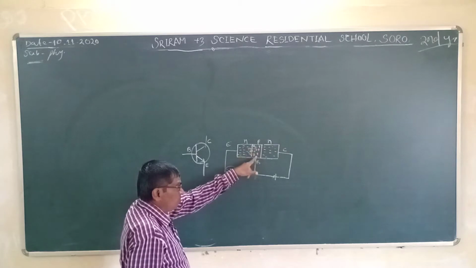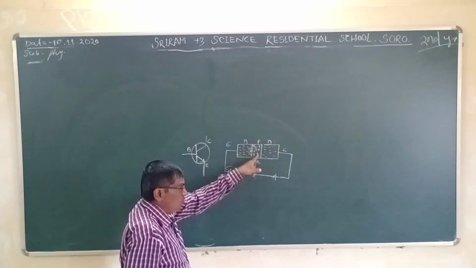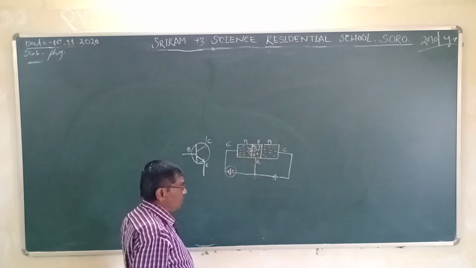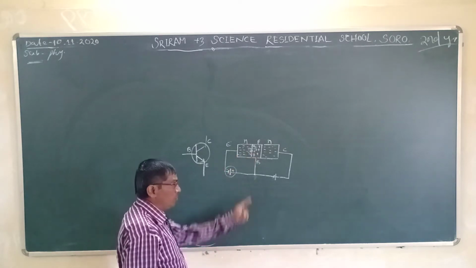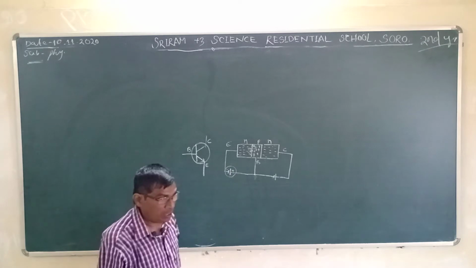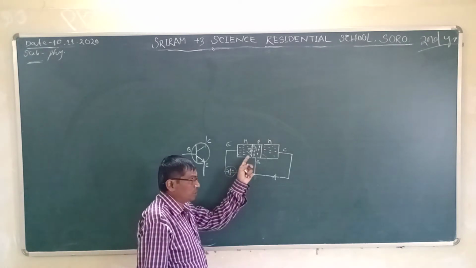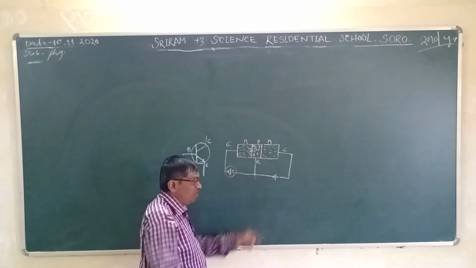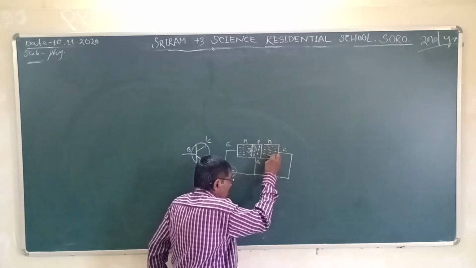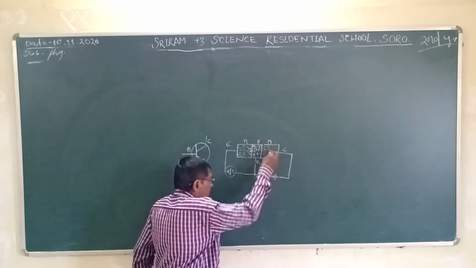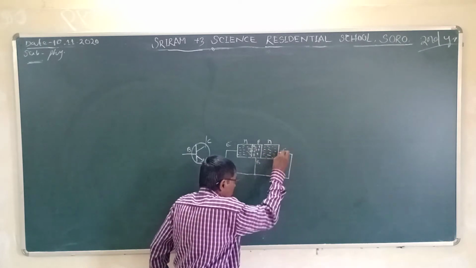The electrons and holes combine together, so all charges are neutralized, and the excess electrons are collected in this region, which is known as the collector.